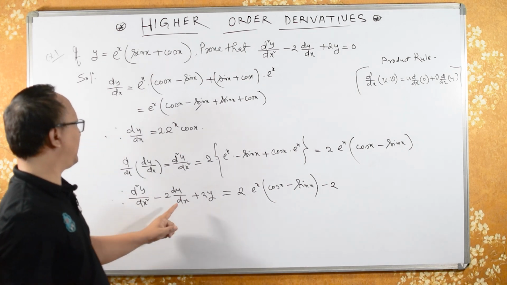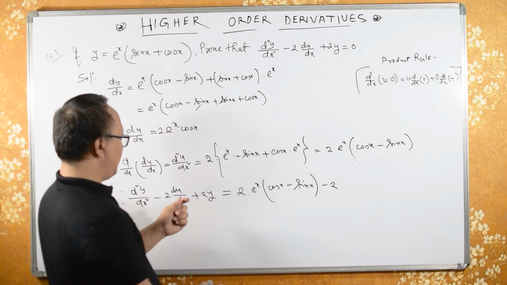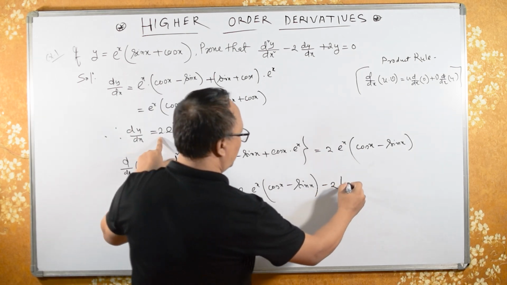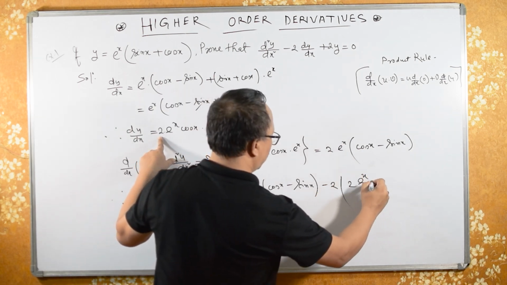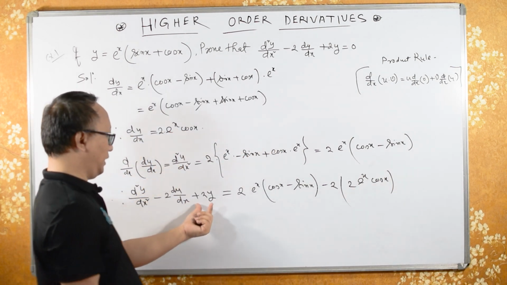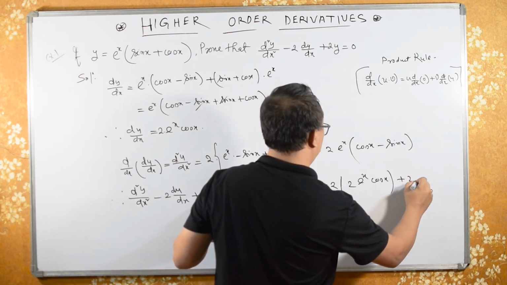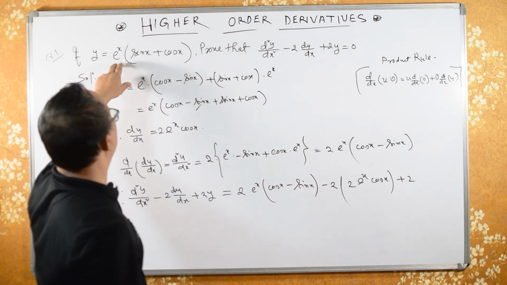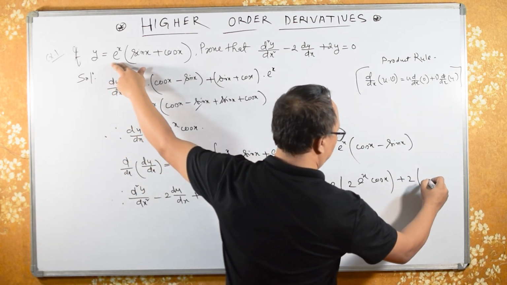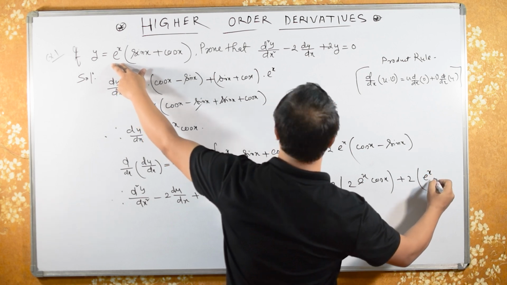Where is dy by dx? dy by dx is over here, so minus 2 outside, again 2 e raised to x cos x. This is my dy by dx. Plus 2, what is y? y is e raised to x, sin x plus cos x.